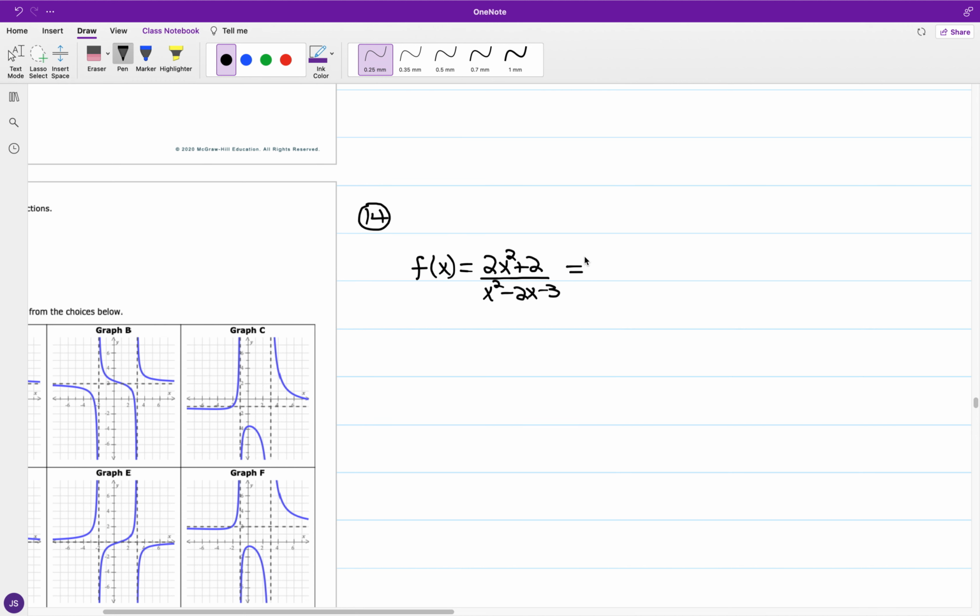And if I go ahead and put this in factored form, the numerator has a greatest common factor of 2. We get 2 times the quantity x squared plus 1.